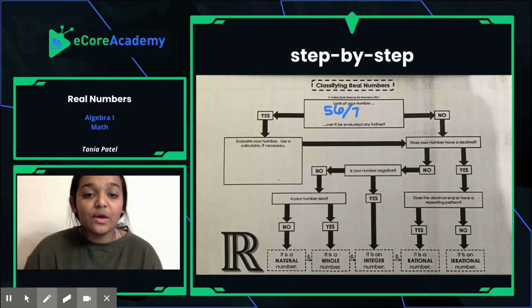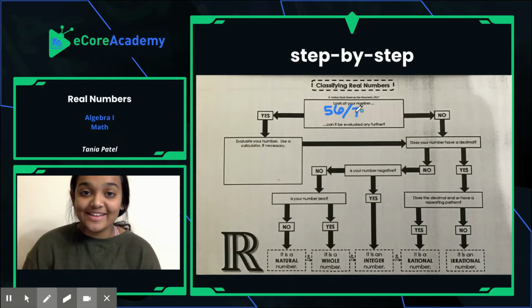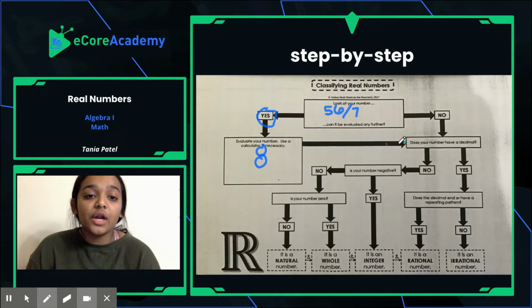So here we know that our first question is, can it be evaluated any further? Yes, it can. It's a fraction, but we know that 56 over 7 is equal to 8. So yes, it can be evaluated further, and when evaluated, it's just 8. Then we follow our arrow.